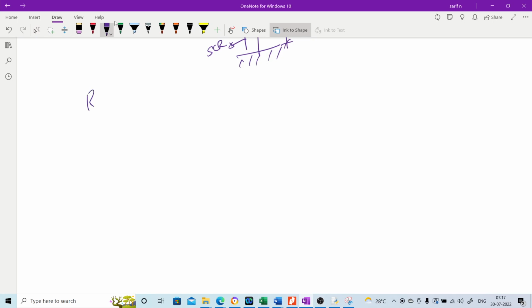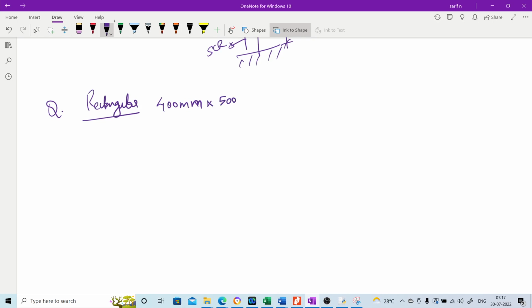Let us say the dimension is 400 by 500 mm. So this is the dimension of the column. This is roughly square.